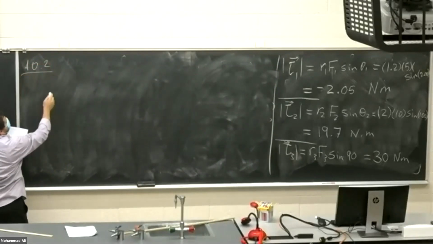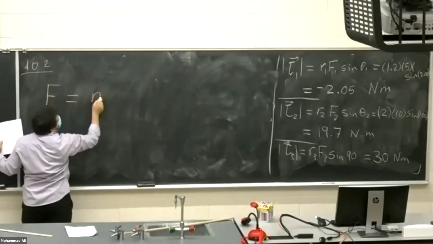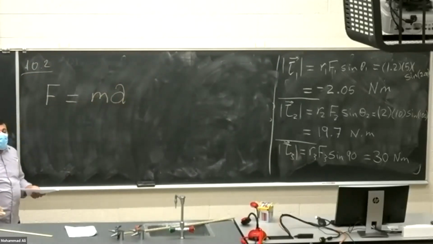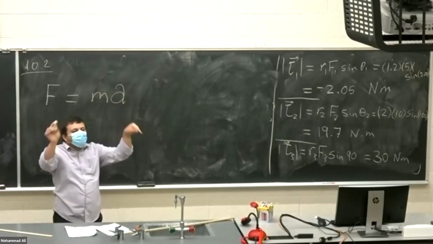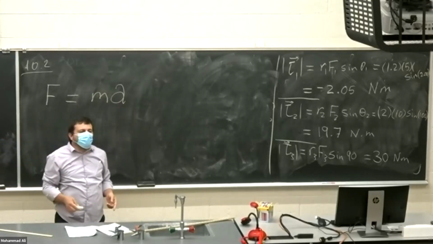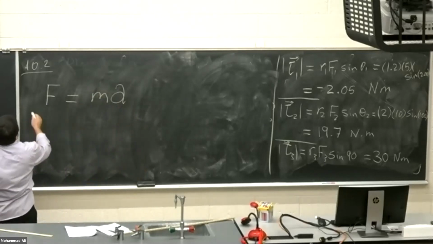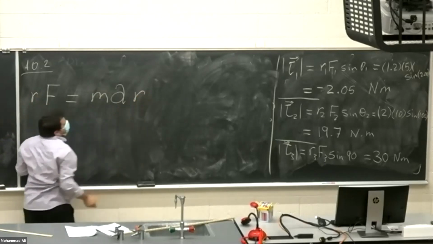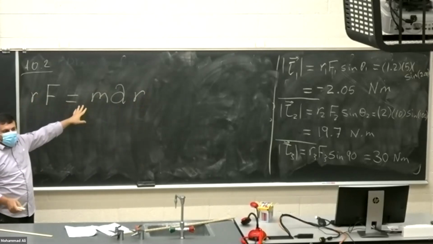If you remember, Newton's force is equal to M multiplied by A, right? As I told you before, in physics we can put parentheses anywhere we want. We can multiply any quantity in our relation. If I multiply by R and R, we don't talk about vectors now, it is just quantities.